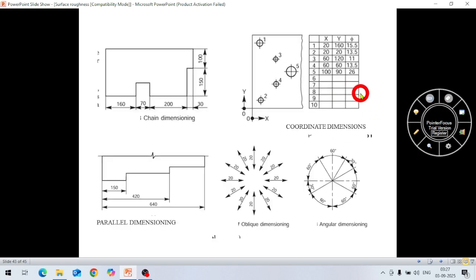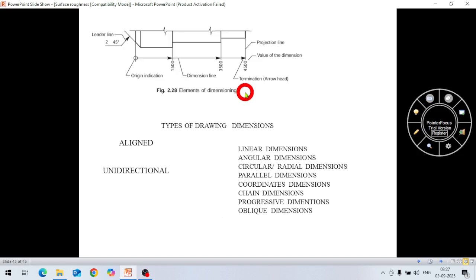So now the first thing is elements of dimensioning. What are the elements? Suppose this is a dimension here. This thin line is called the dimension line, and the start point is given as origin indication.